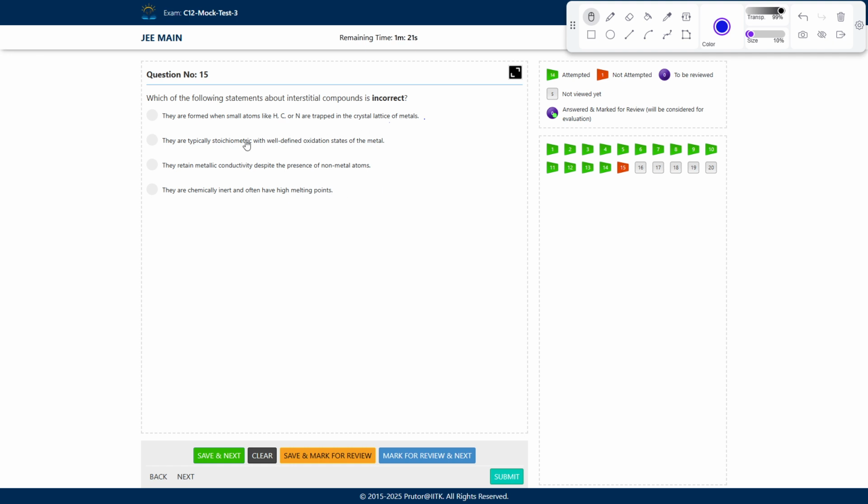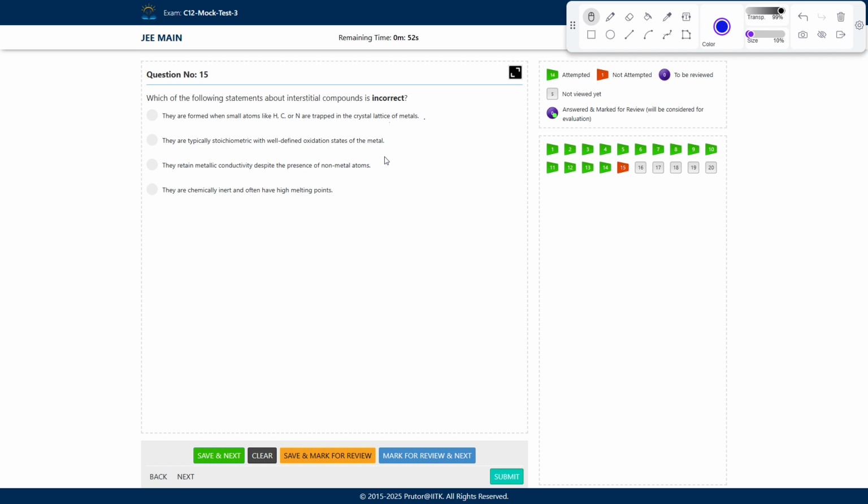Okay, so this statement is also correct. The only remaining statement is the second, which says that they are typically stoichiometric with well-defined oxidation states of metal. So interstitial compound forms because of the trapping of the smaller atoms in the vacant spaces of crystal lattice of metals. They are not stoichiometric. They are basically non-stoichiometric, and due to which they do not show a well-defined particular oxidation state of metal.